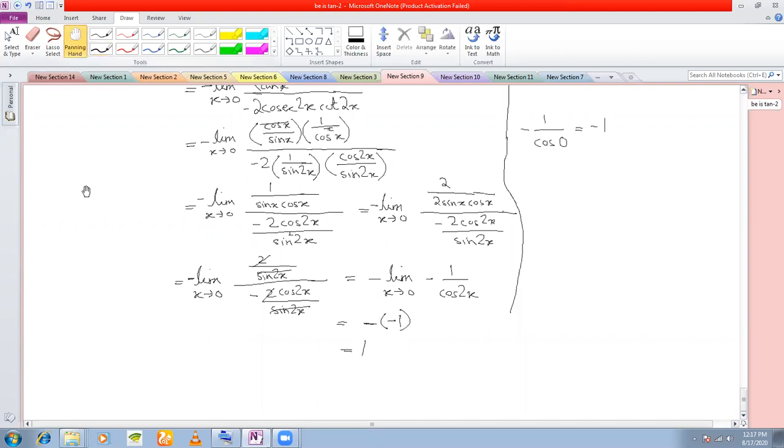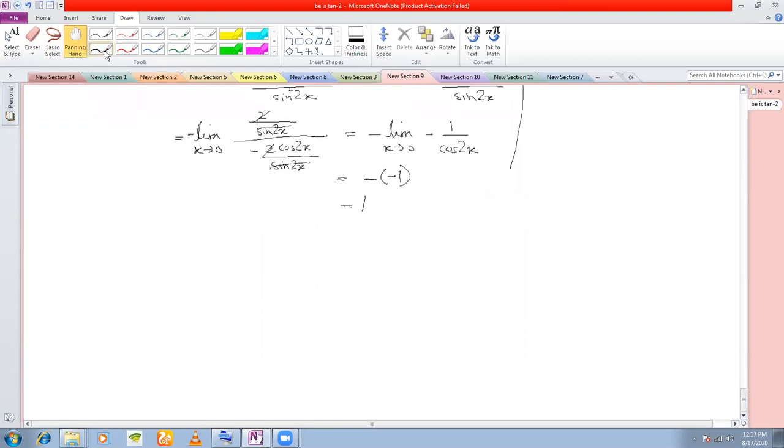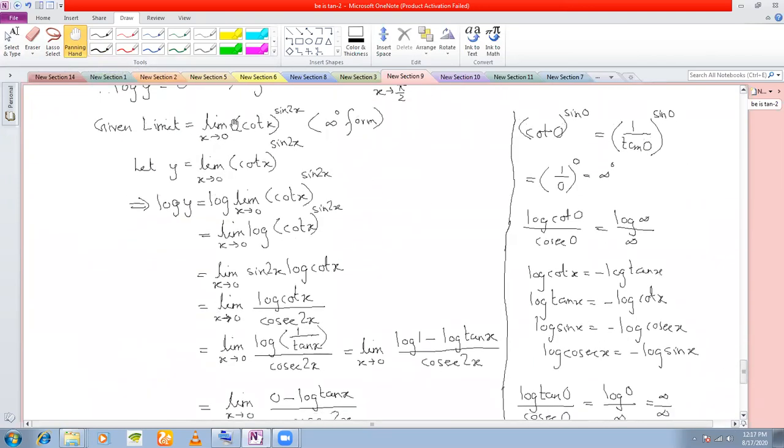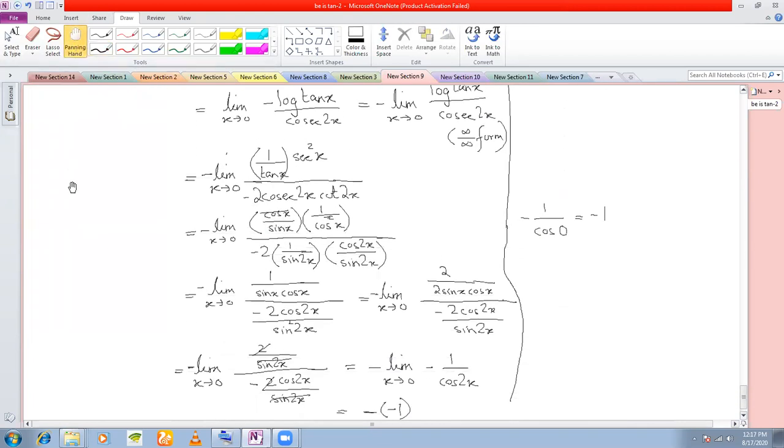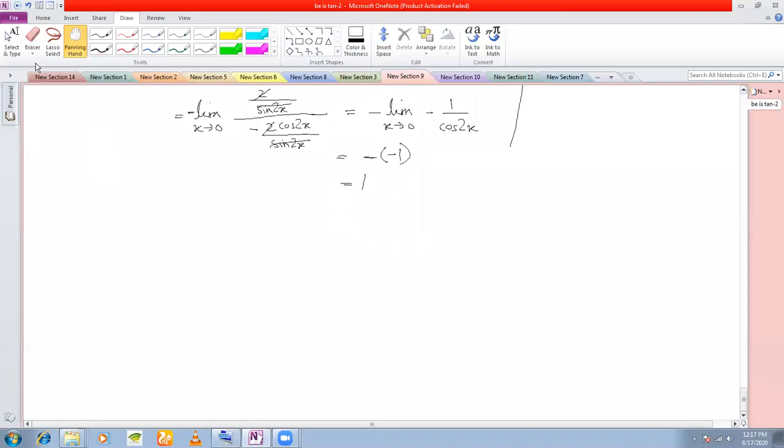So the problem does not end here. Although we have evaluated the limit, remember we had taken y is equal to this, right? So what is the value of the limit we have got? We have got the value of the limit as 1. Therefore, log y we are getting as this 1, isn't it? That means y must be equal to e to the power of 1, which is equal to e.